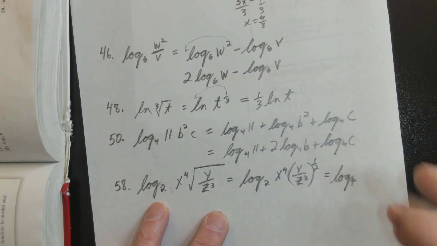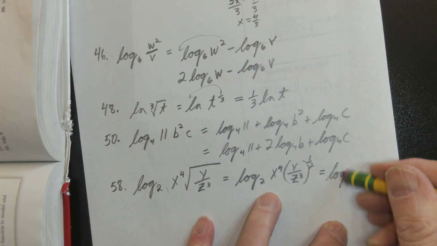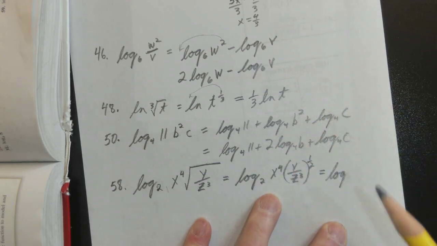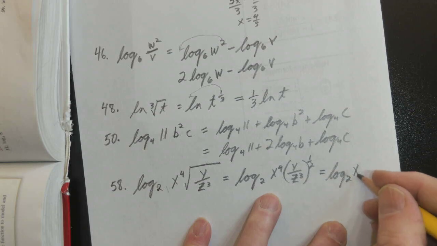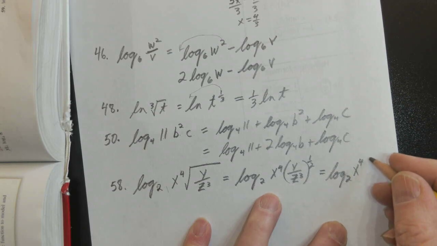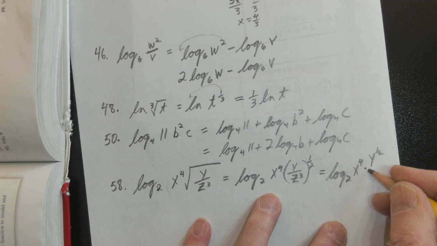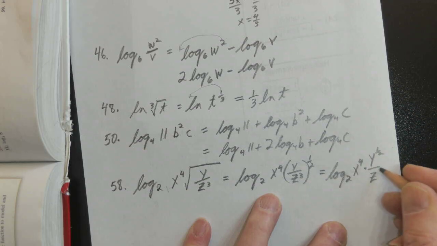So it's, okay, it is a mental block. I've done this every single period. Keep trying to make that log base 4. But it's the x to the 4th and times y to the half over z to the 3/2.